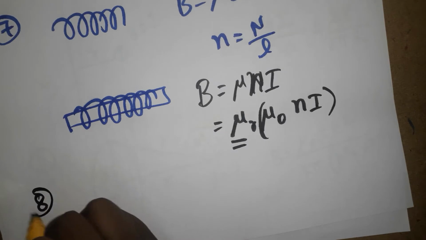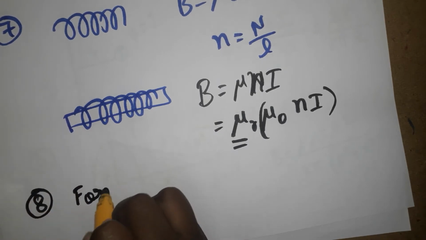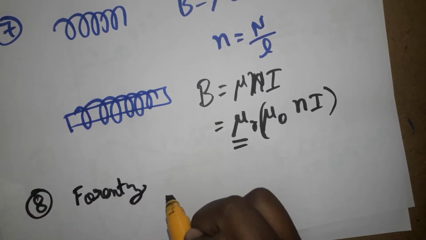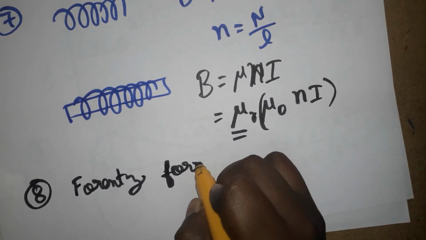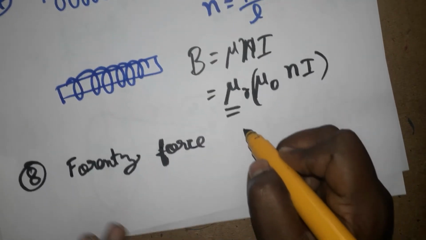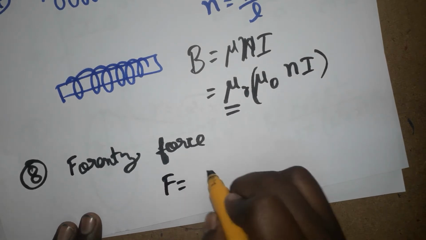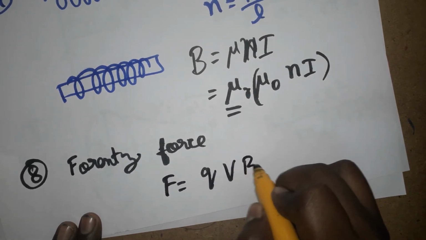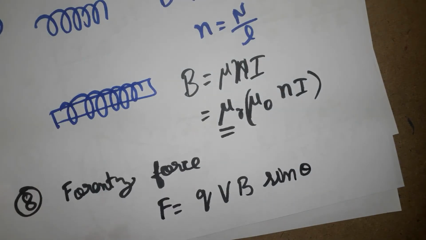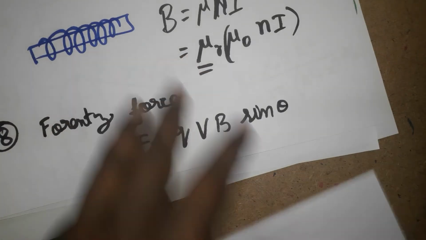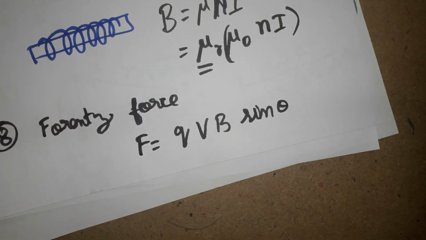Formula number 8, the Lorentz force. The Lorentz force is used to find the force direction when a charge is moving inside a magnetic field. The Lorentz force is equal to q v B sin theta. If you don't want to write sin theta, you can write the equation in vector format, adding a cross product.